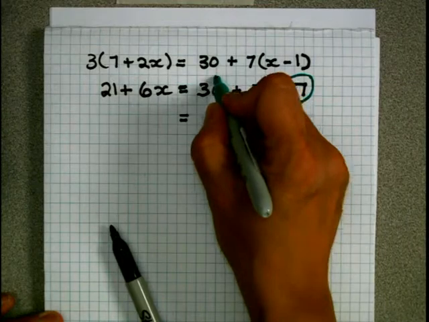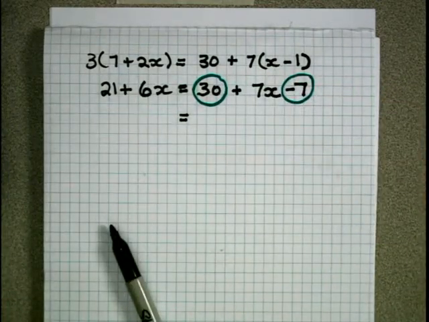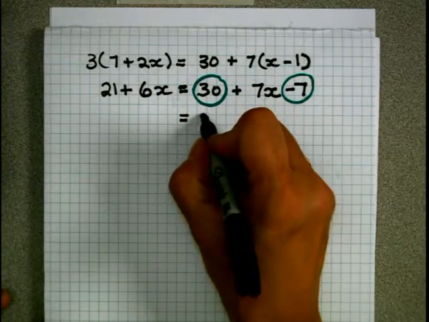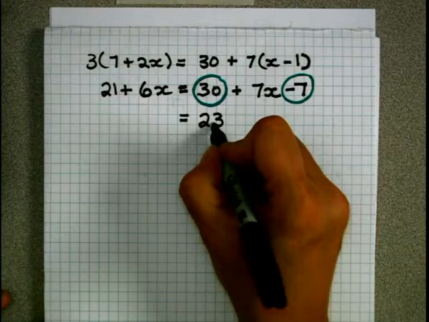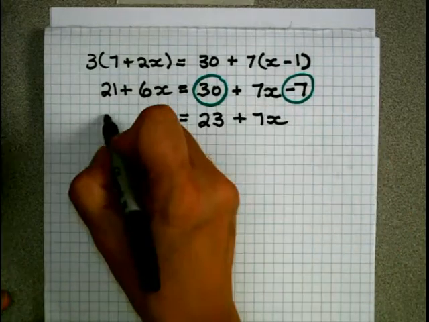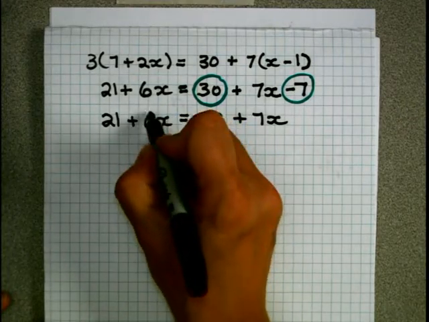So we actually have two terms that we can combine on this side of the equation. A 30 and a negative 7 is going to give us a 23. We still have 7x on this side of the equation, and we're left with 21 plus 6x on this side of the equation.